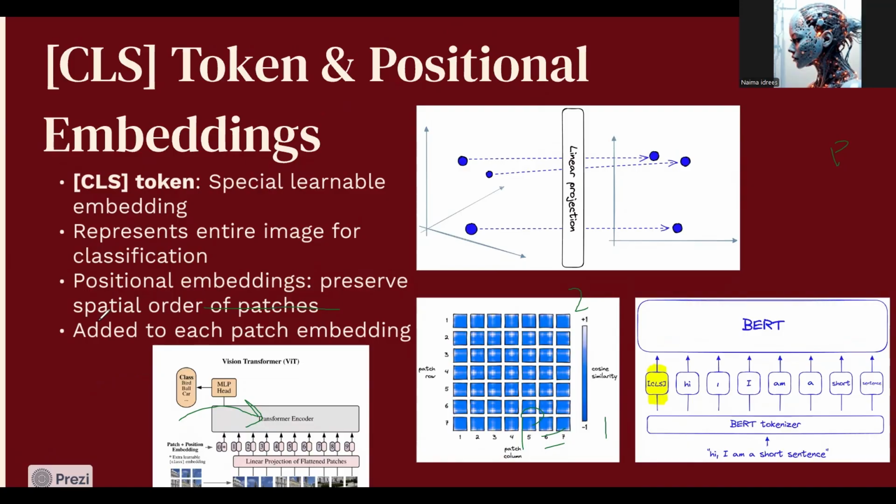This encoder has two layers, which I already mentioned. The first was multi-head self-attention, and the other was layer normalization. This is also associated with the MLP head, which is the classification head. This classification head basically has two parts. During pre-training, it uses two layers, and during fine-tuning, it uses a single linear layer.